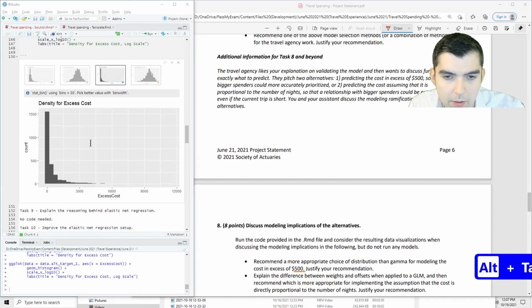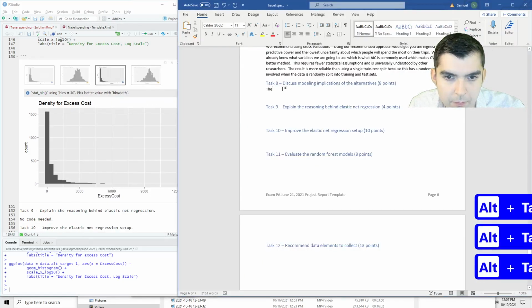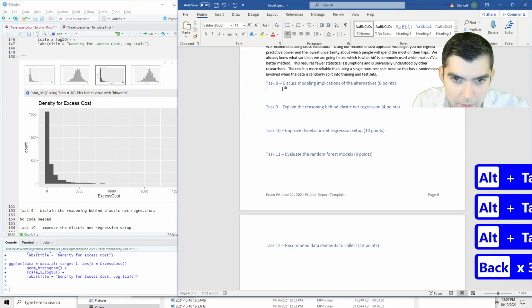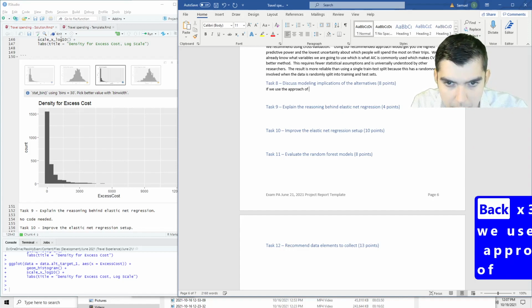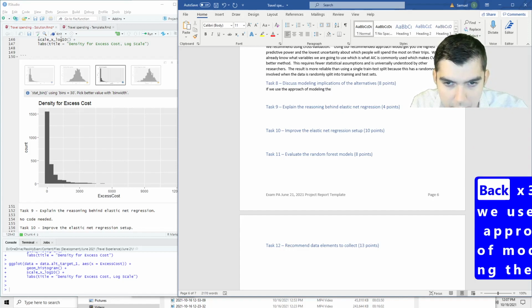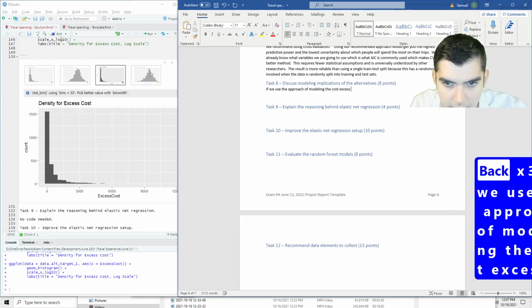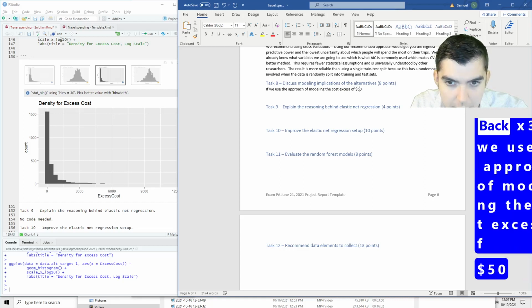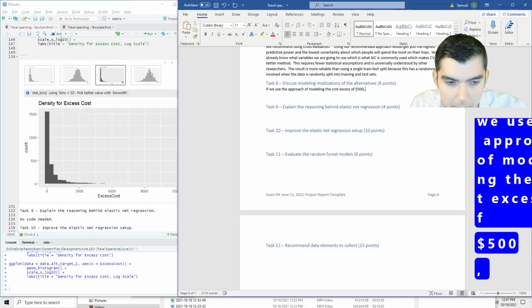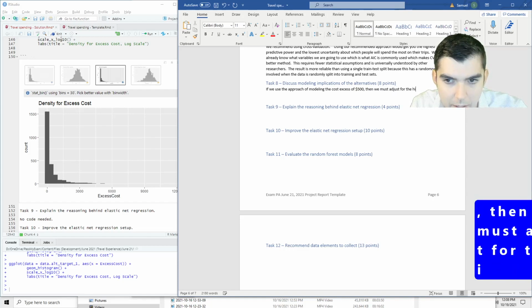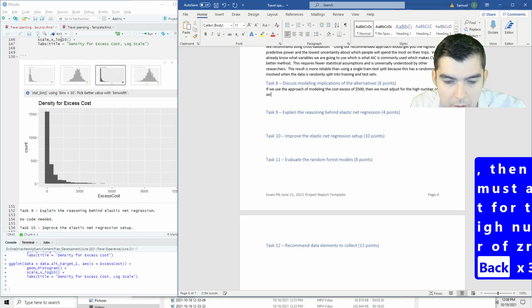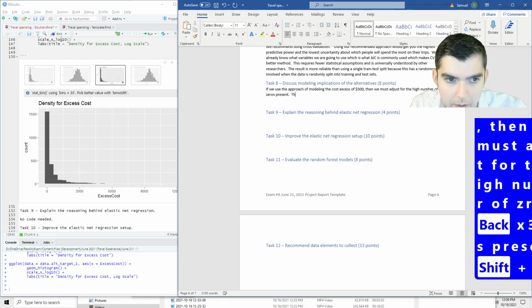If we use the approach of modeling the excess of 500, then we must adjust for the high number of zeros present.